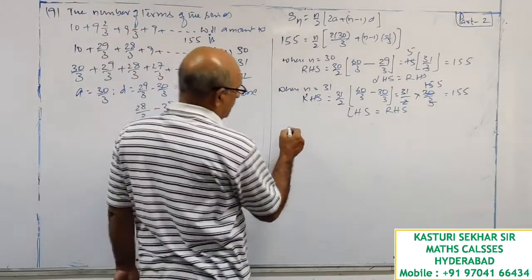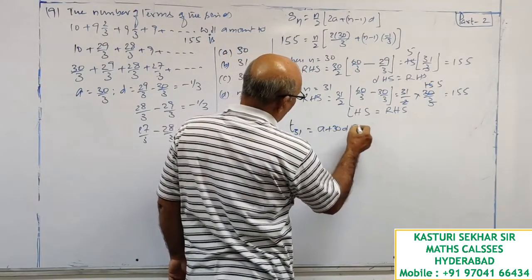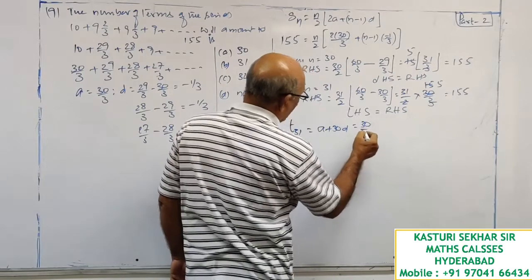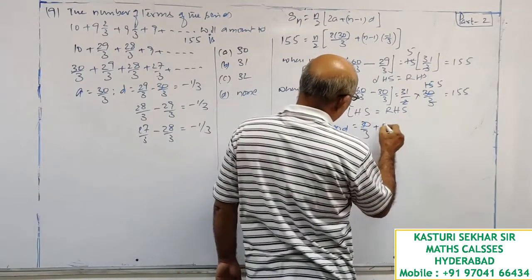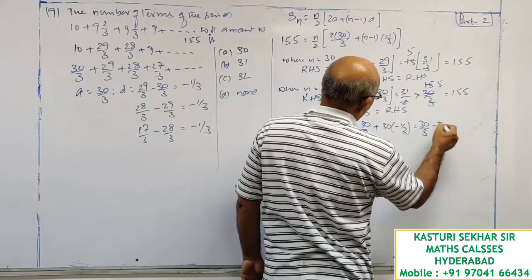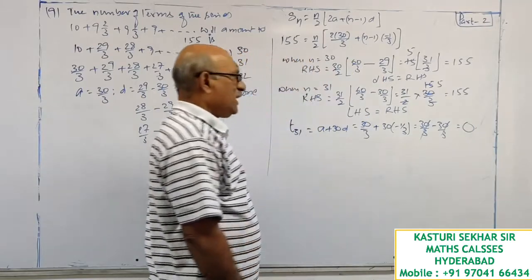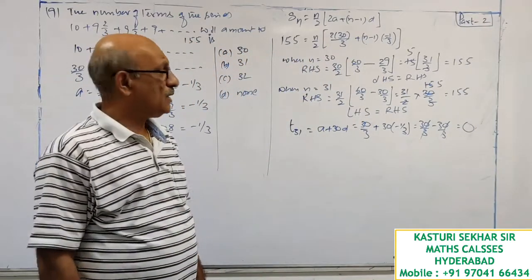Let us verify. T31 is equal to a plus 30d. A is equal to 30 by 3, 30 into minus 1 by 3, minus 30 by 3. This is 0. T31 is equal to 0.